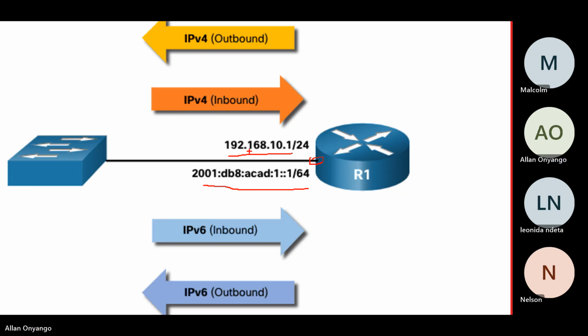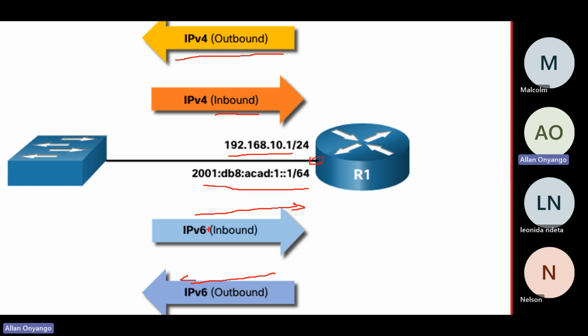For IPv4, we can configure one ACL for inbound traffic and one ACL for outbound traffic. For IPv6, we can also configure one ACL for inbound traffic and one ACL for outbound traffic. That means for every interface running both version 4 and version 6 of IP, we can have up to 4 ACLs.